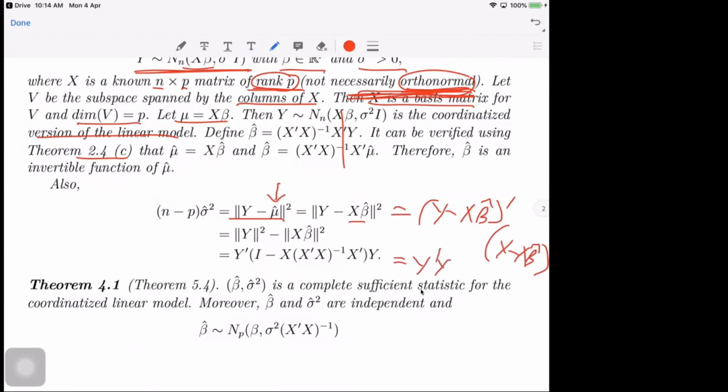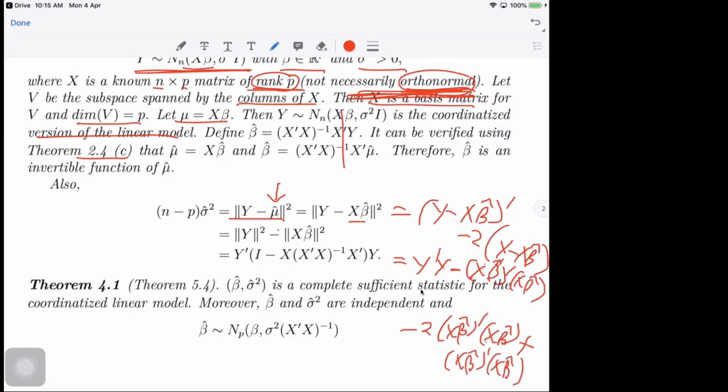You will obtain Y prime Y and minus 2 times (X beta hat) prime Y, then plus (X beta hat) prime (X beta hat). Okay?